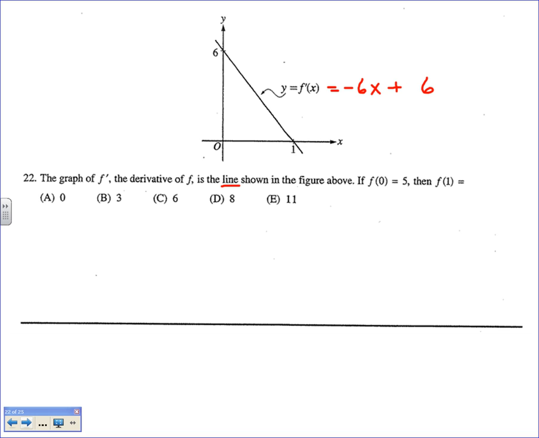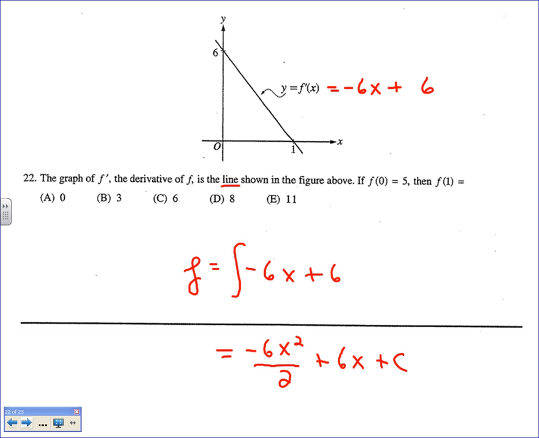Now the antiderivative, to get f, we need to take the antiderivative or integral of this -6x plus 6. And if we do that, we get -6x squared over 2 plus 6x plus c.